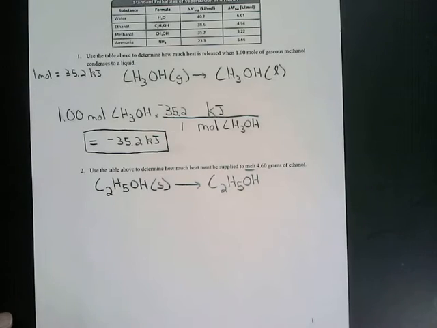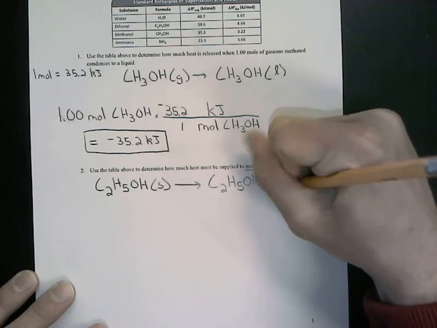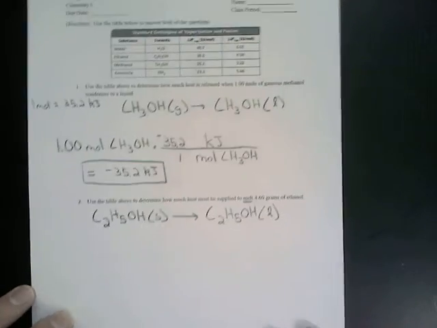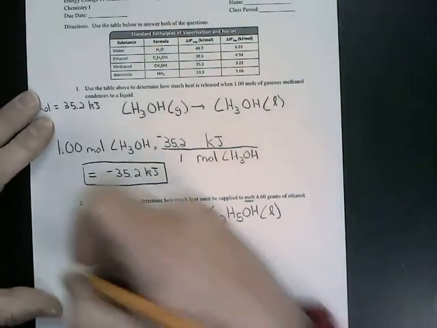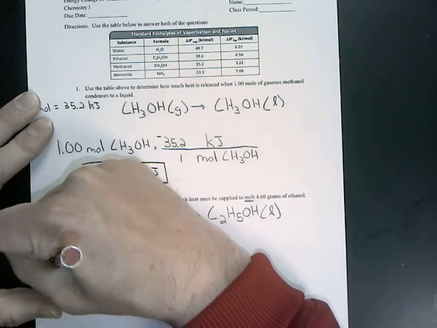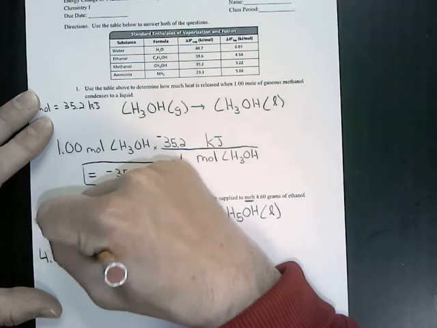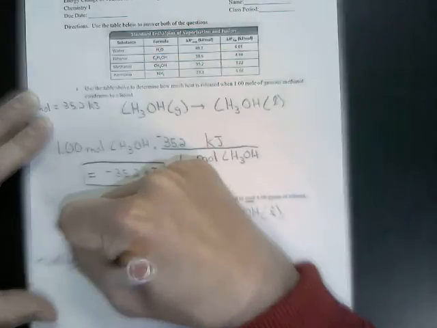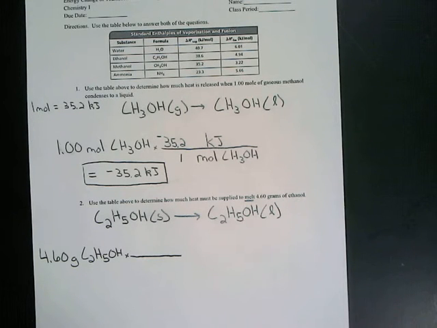Now, here is the problem, and I should put the state of matter. We get 4.60 grams. This chart gives us our delta H values in kilojoules per mole. So we first need to take 4.60 grams of ethanol and convert that to moles of ethanol.